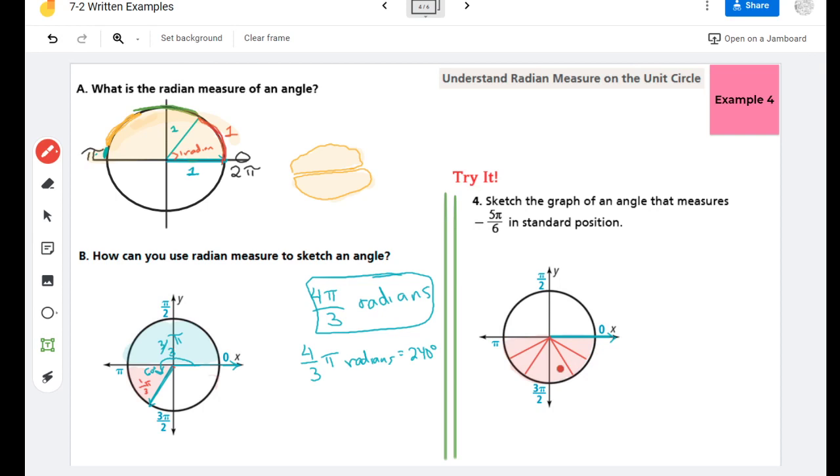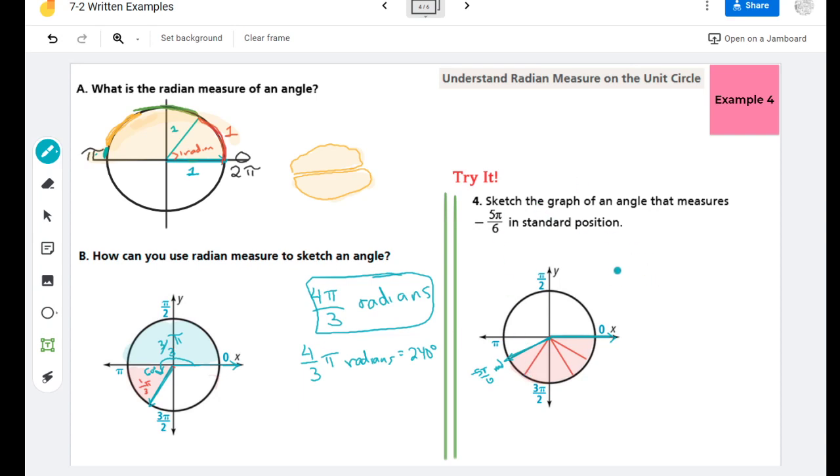So this is -6/6 pi. But I only need -5/6 pi, so I'm going to eat this last little slice. And so right here, this is -5 pi/6 radians.